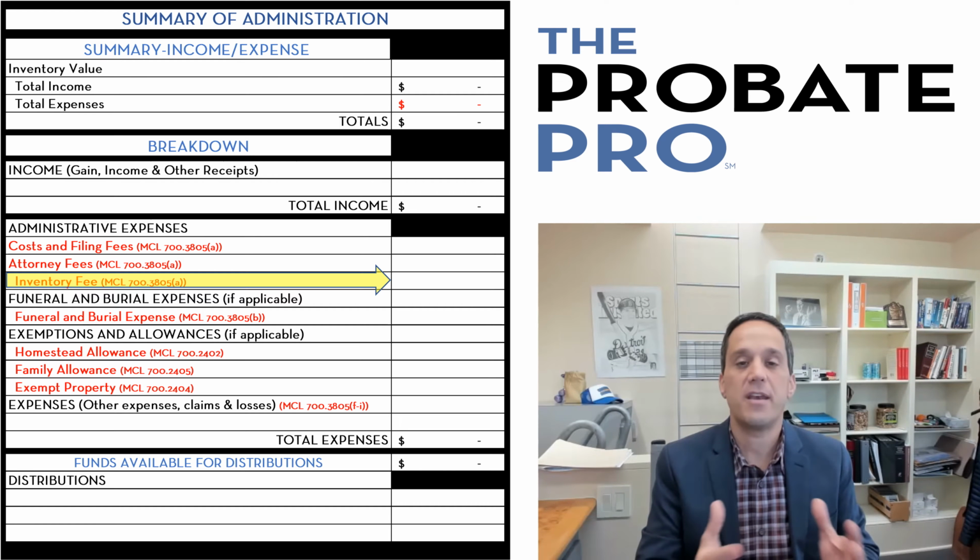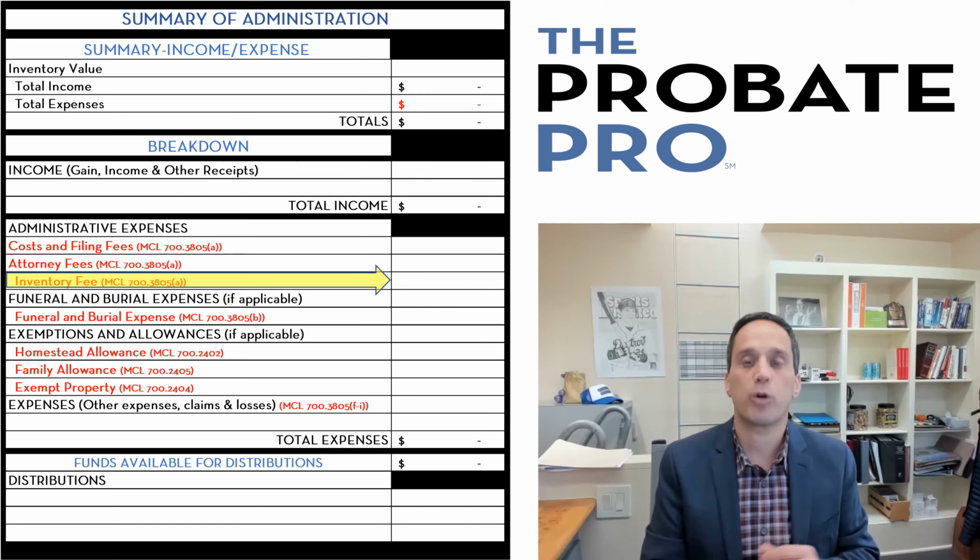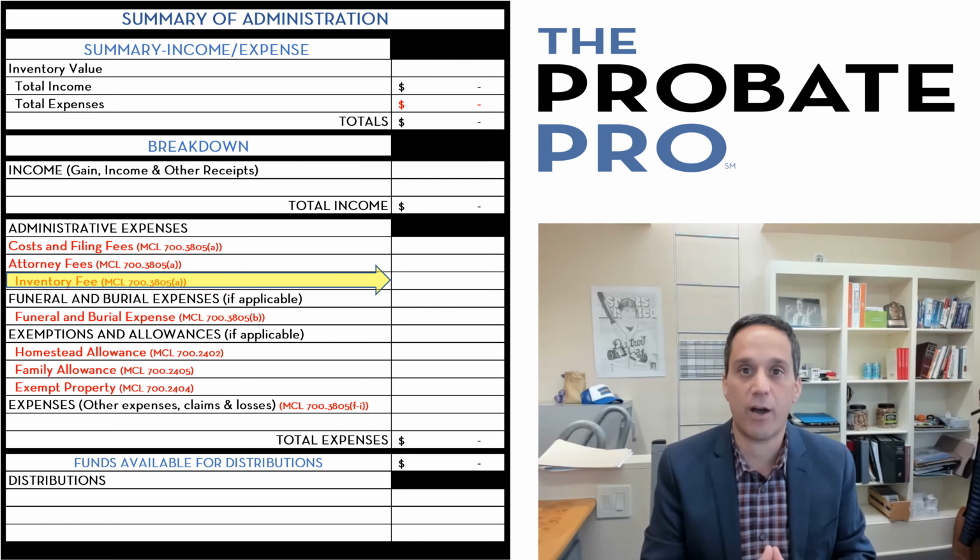There are certain numbers that you're allowed to reduce that value by, including recorded liens or mortgages or encumbrances on the property. That inventory fee is calculated through an inventory calculator that many of the courts will provide to you, or on my website, we provide it free of charge to calculate the inventory fee.